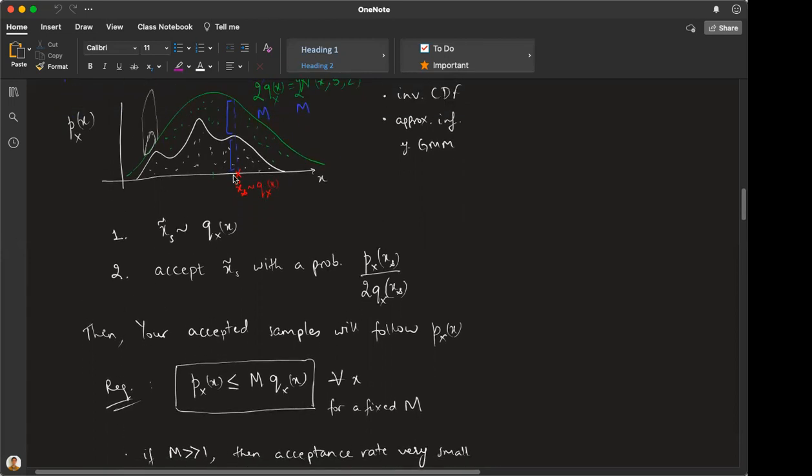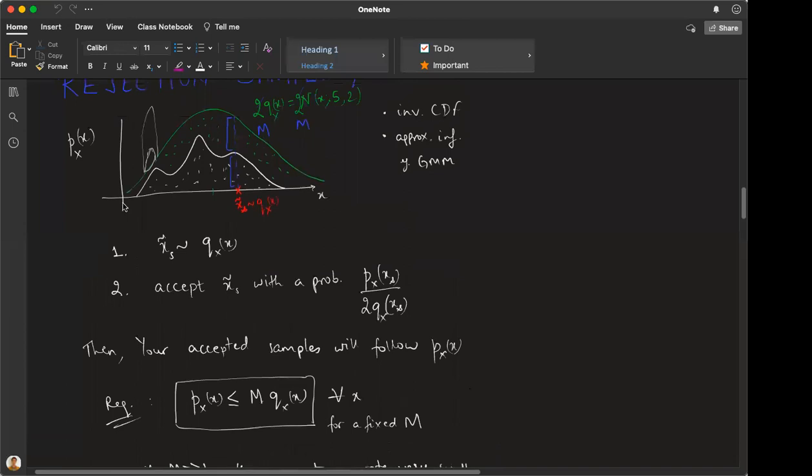If they are lying within p(x), you use them to approximate p(x), otherwise you reject them. Roughly, you are trying to pick all those points which are lying within this area and reject all those points which are lying outside this area. And that's the idea of rejection sampling.